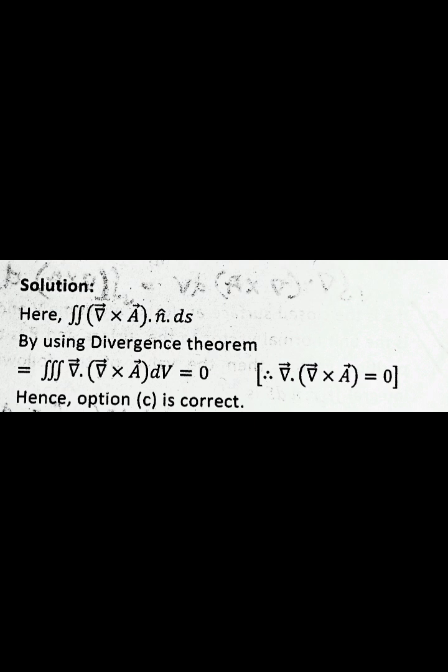So here we need to find the value of the double integral of (∇ × A) · n cap dS. This is equal to the triple integral of ∇ · (∇ × A) dV, by the divergence theorem. And we know that ∇ · (∇ × A) is equal to 0, so the integral value is equal to 0. So the answer is option C.